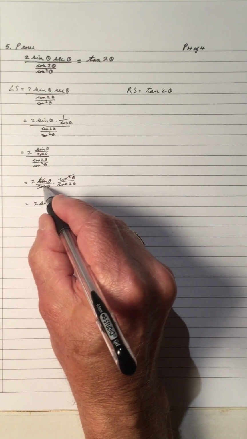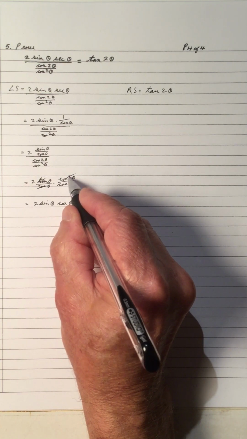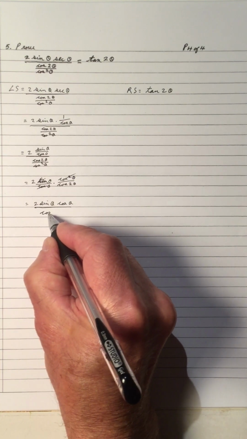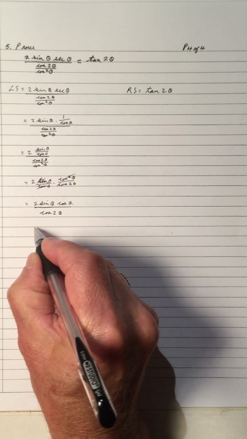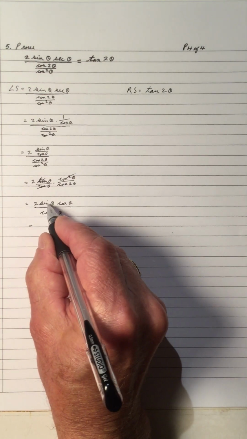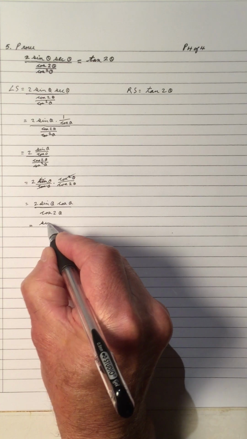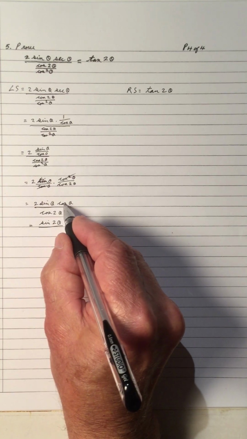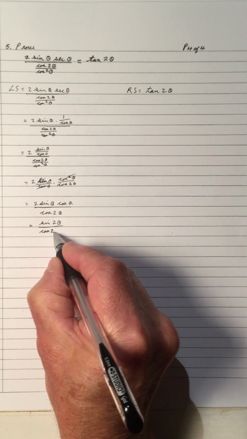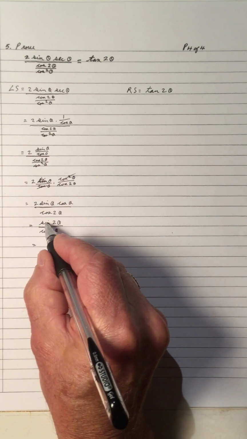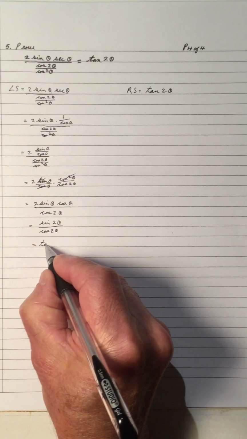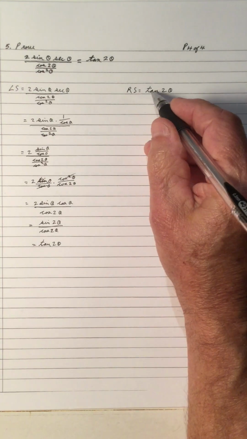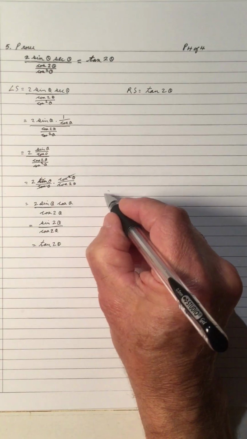The square cancels here, that's a 1, that's a 2. I just subtracted 2 minus 1, there's 1 extra here, over cos 2 theta. And 2 sine theta cos theta is the sine of 2 theta. That's sine 2 theta over cos 2 theta, and sine 2 theta over cos 2 theta is tan 2 theta. And notice the left side equals the right side.